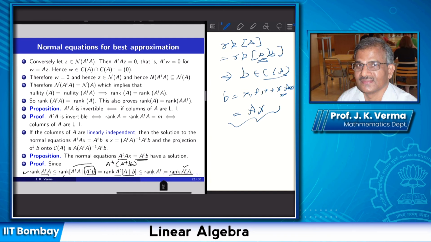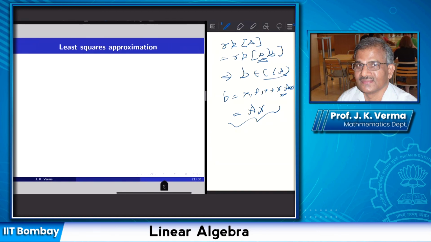And once I find this solution by Gauss elimination method or some other method, then X is a solution, and then operate A on X, and you will find the best approximation of B in the column space of A. Okay, what is the use of these things? This is the use to do data fitting.